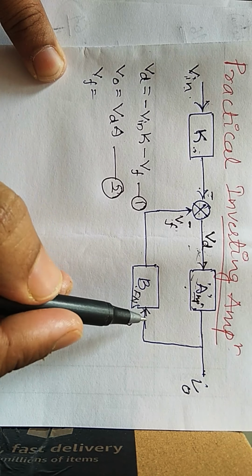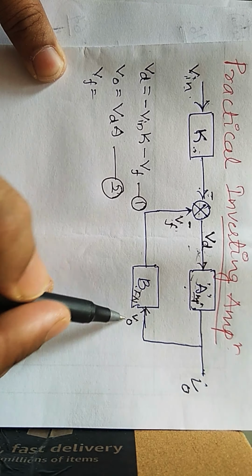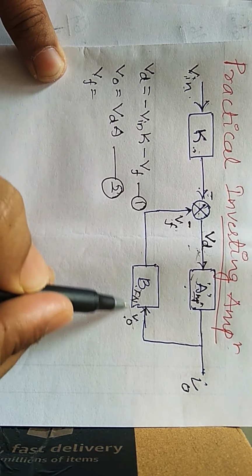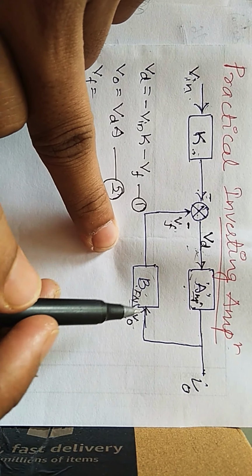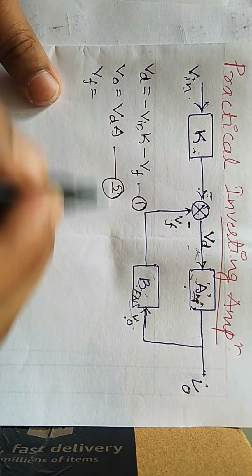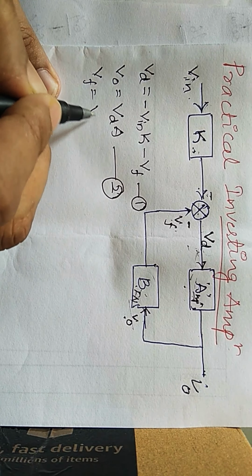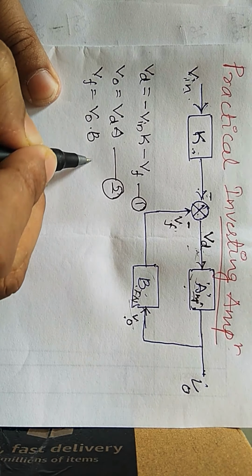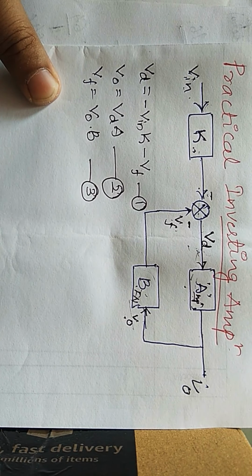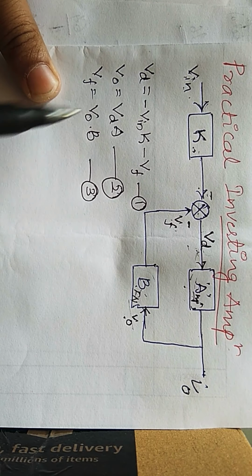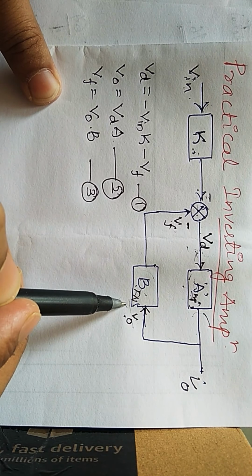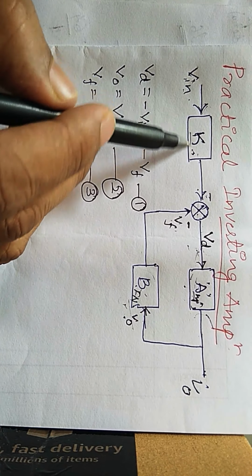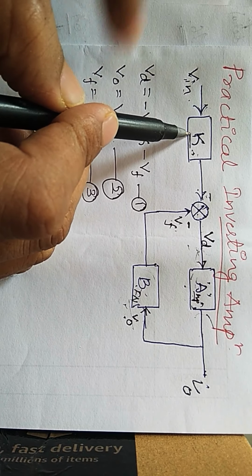So VF is the multiplier factor of B in V0. V0 is input for the feedback network, that is B. So V0 into B defines your VF. V0 into B is stated as equation number 3. Here A defines the open loop gain, B is the feedback circuit gain, and K is stated as the attenuation gain or factor.